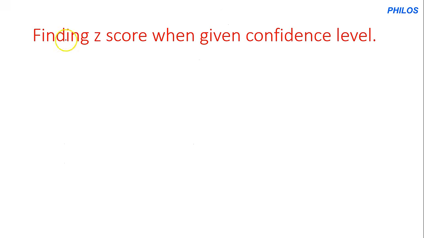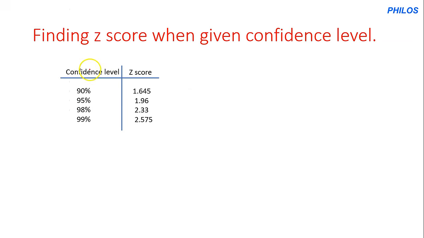So now let's look at how to find a z-score when given a confidence level. Now before we take example 1 and example 2, I gave you something like this, that whenever a question gives you 90% confidence, the z-score is 1.645, 95% is 1.96, 98% is 2.33, and then 99% is 2.575.